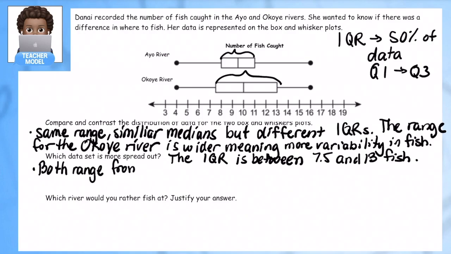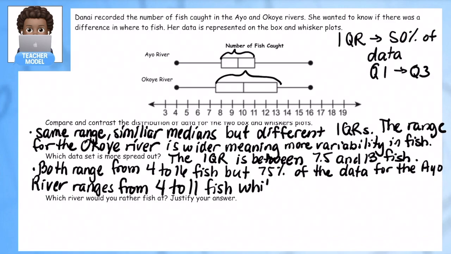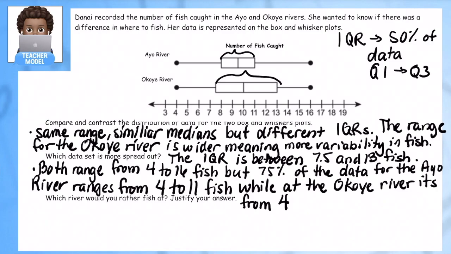So both range from 4 to 15 fish, but 75% of the data for the Ayo River ranges from 4 to 11 fish, while at the Okoye River, it's from 4 to 13 fish.